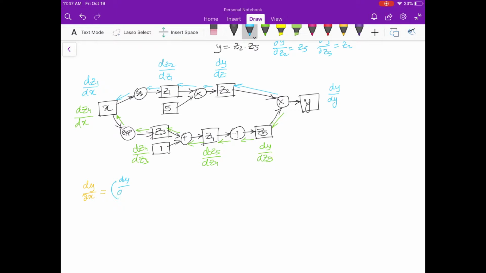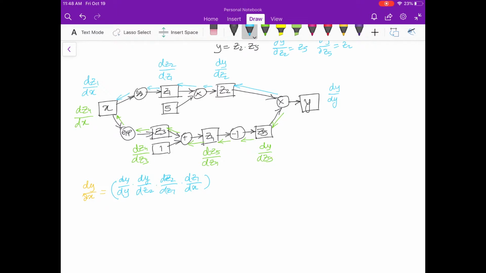So it's dy dy times dy dz2, times dz2 dz1 times dz1 dx. So we just take into account the blue portion of x, right?